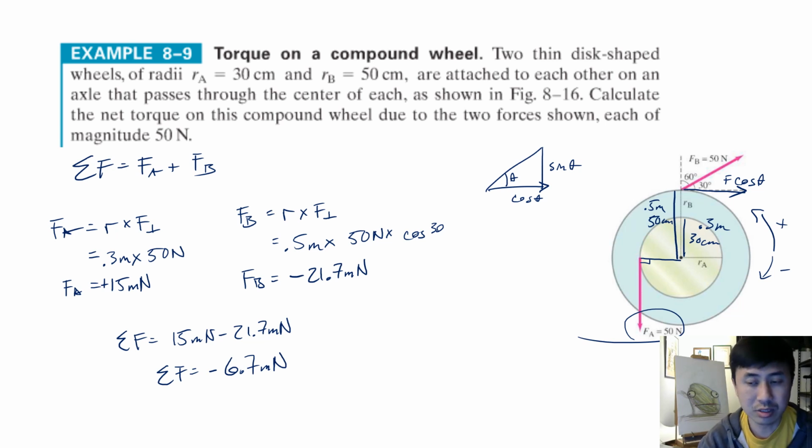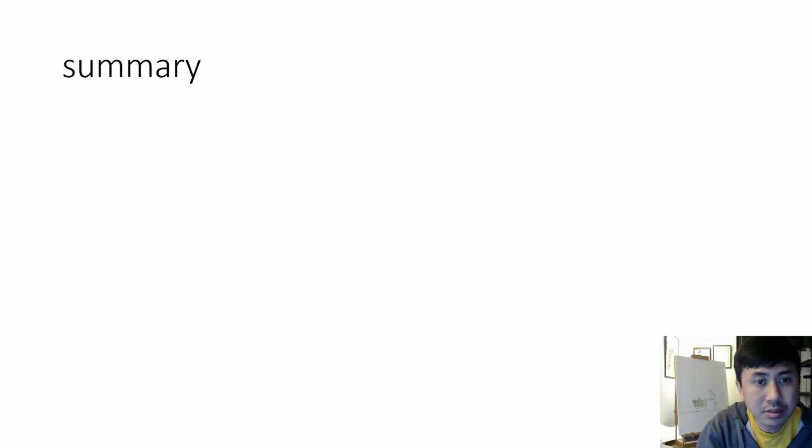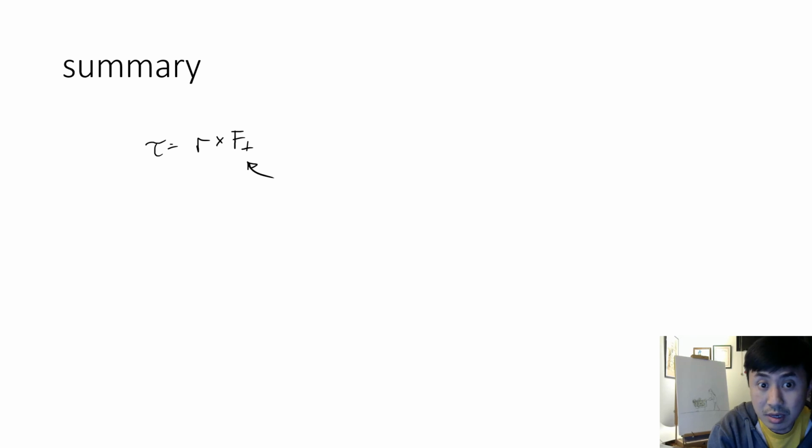Biggest takeaway is you have to be aware of clockwise and counterclockwise. To sum up, our go-to equation for this entire lesson is torque is equal to radius times the force that's perpendicular. But sometimes that force that's perpendicular, it's kind of hard to find.